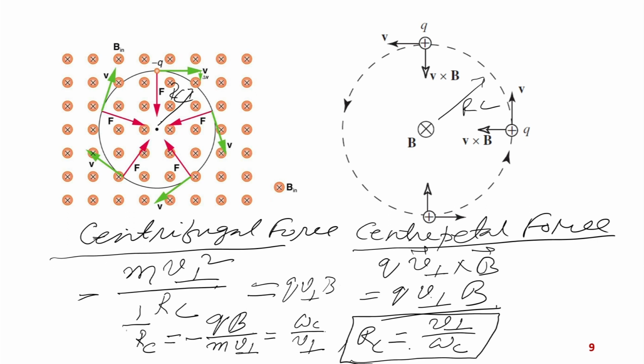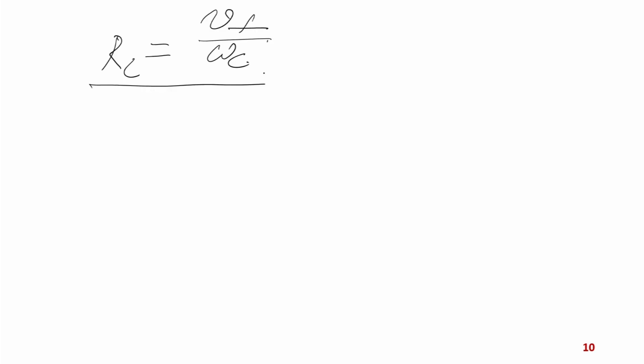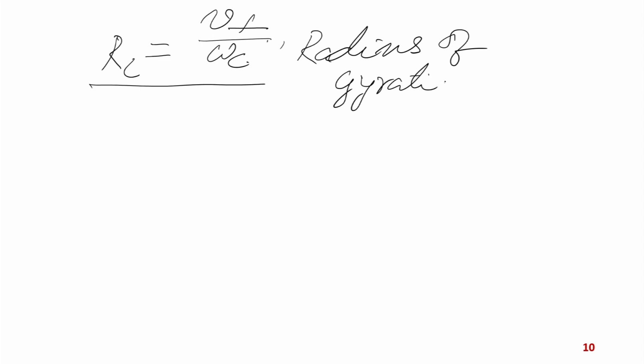This is called the radius of gyration, R C, which is V perpendicular divided by omega c, or the Larmor radius.